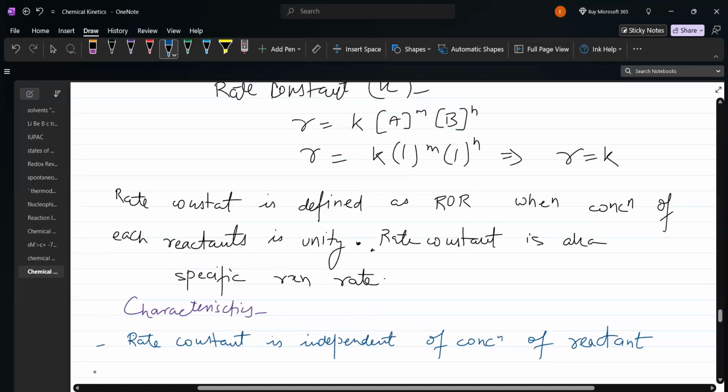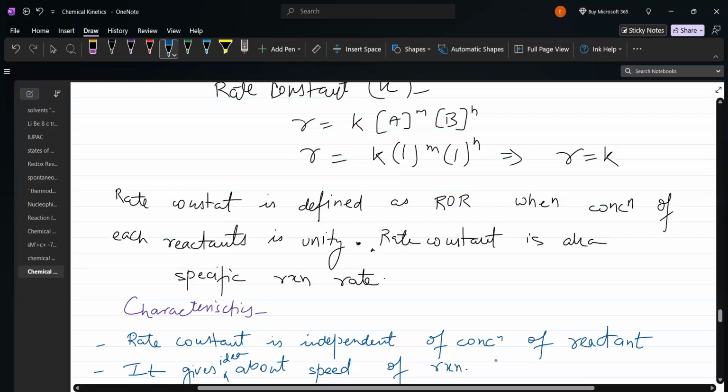Then, it gives an idea about the speed of reaction. In kinetics we are already studying the speed of reaction only, so K gives an idea about the speed of reaction.